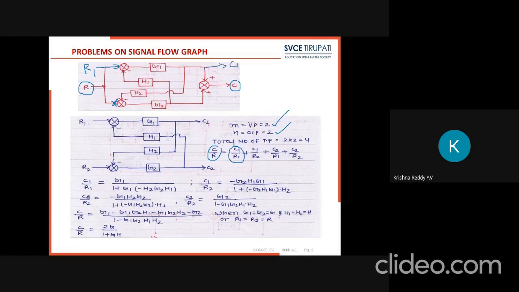Suppose we consider the R2 input and the C1 output, it is C1 by R2. When you are having multiple inputs and multiple outputs, to calculate the transfer function, we need to take one output and one input at a time, individually calculating all the transfer functions. After that, making addition of all the transfer functions, we are getting the final transfer function. It is 2G divided by 1 plus GH.